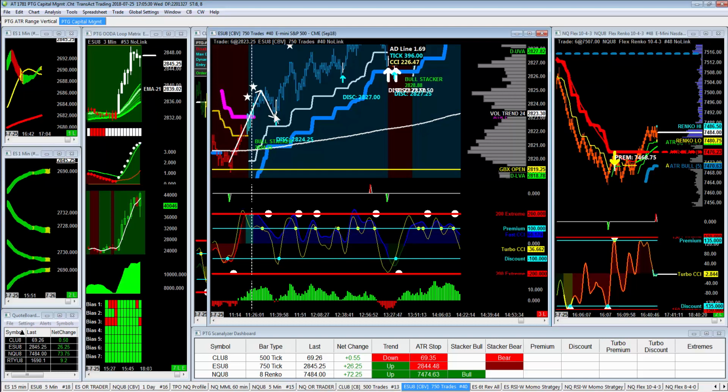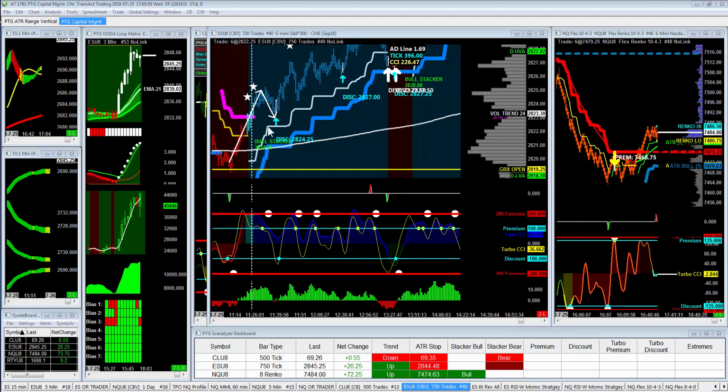So what we're looking for is some level of a pullback, and we'd like to get a discount to some degree, but on the early shifts, you may or may not get a discount. In this case, you did get a discount, and it's a turbo discount. Remember, as I mentioned, the turbo discounts are much more sensitive, and they generate quicker and on shallower pullbacks.